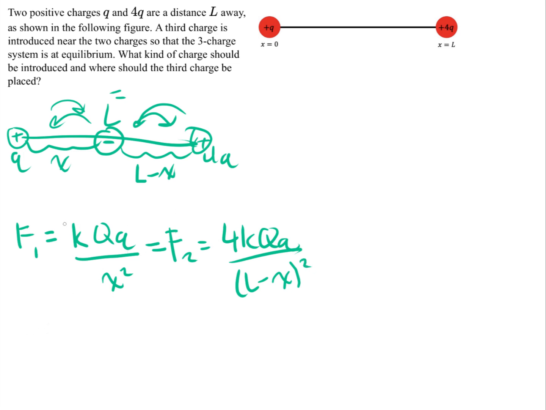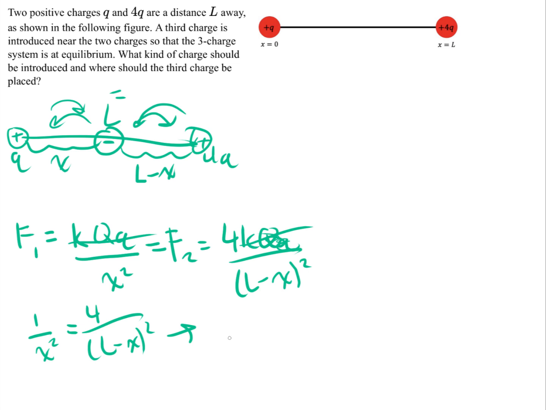If these two are equivalent, we can see that the entire top of force 1 and most of force 2 gets canceled out, because these are all the same units. So we can divide them out. We eventually get 1 over x squared, where x is the distance between the negative charge and plus q, equal to 4 over L minus x, squared.